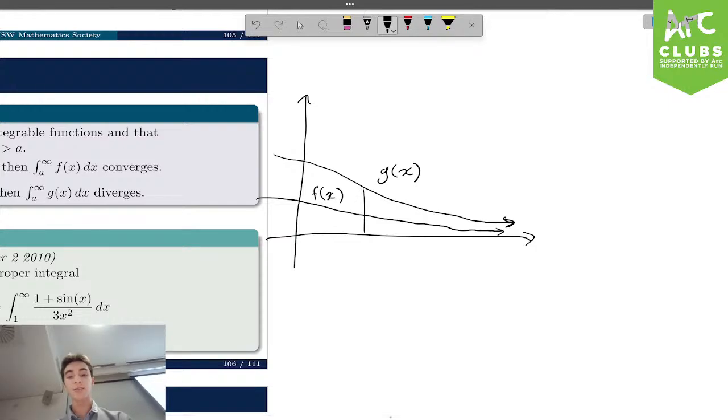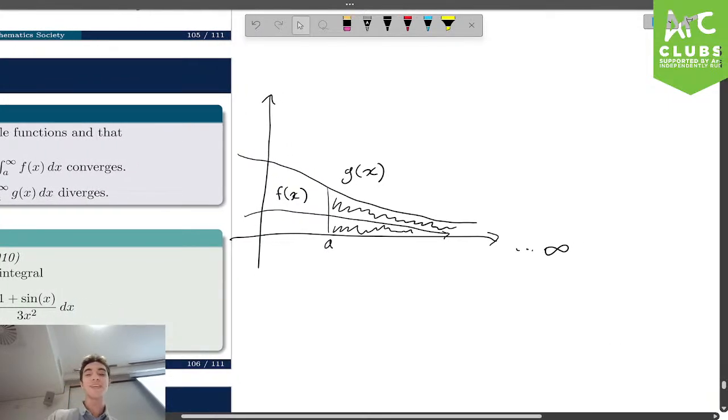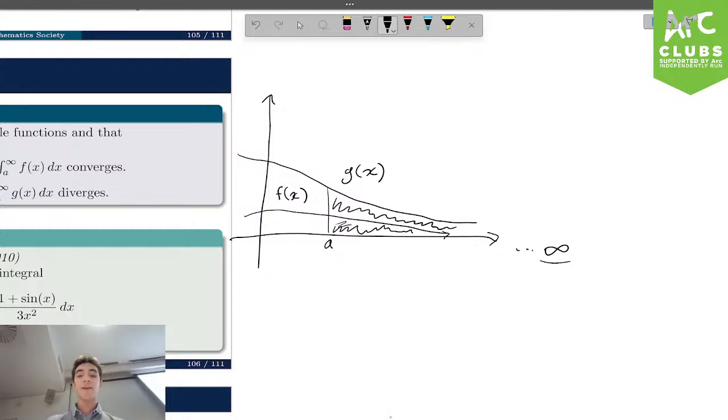If the area under g of x from some point A taken out to infinity is finite, then this area under f of x from A to infinity, which is strictly smaller than that first area, also has to be finite, right?